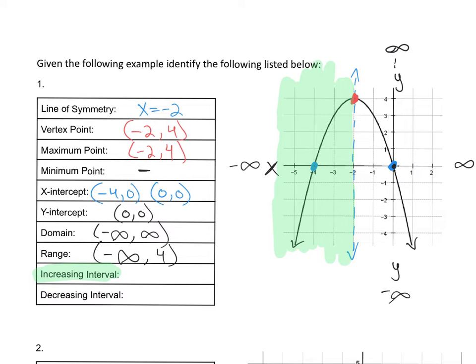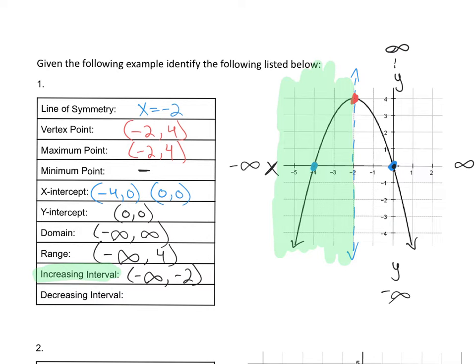So if we focus on just the x values where that is taking place along the x-axis, since we're going off the graph to the left, it's going to be increasing all the way from the x value of negative infinity to the x value of negative 2.